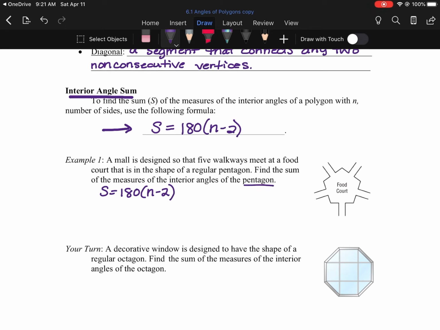Pentagon, so our n value is 5. So we do 5 minus 2, and now simplify: 180 times 3. That means the sum of the interior angles of a pentagon is 540 degrees.